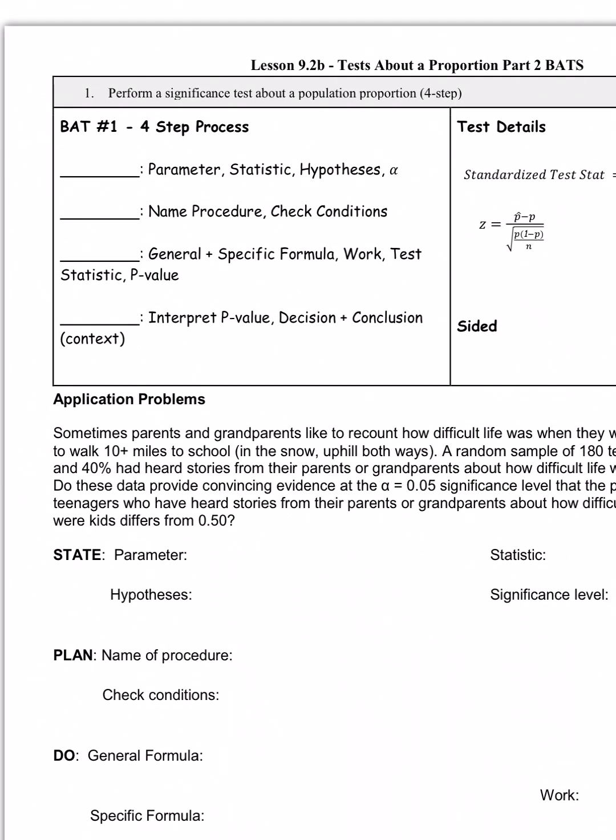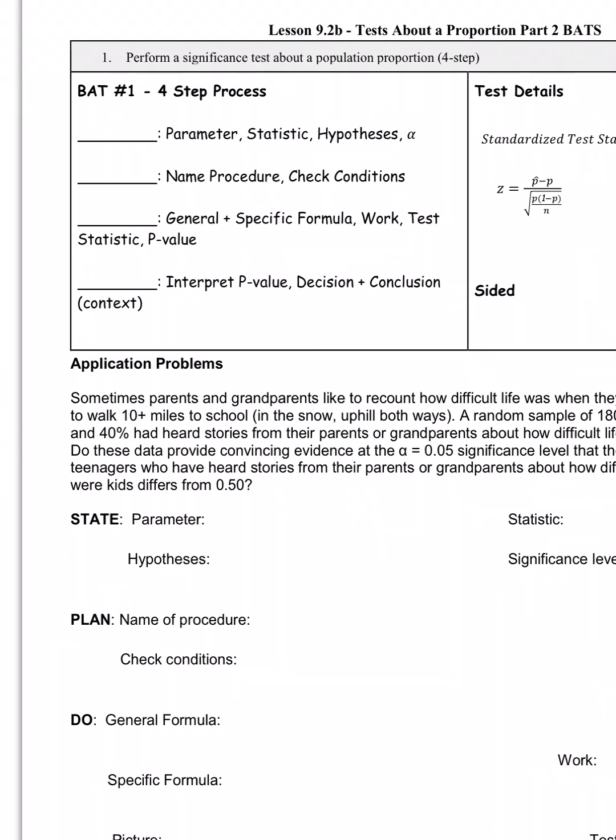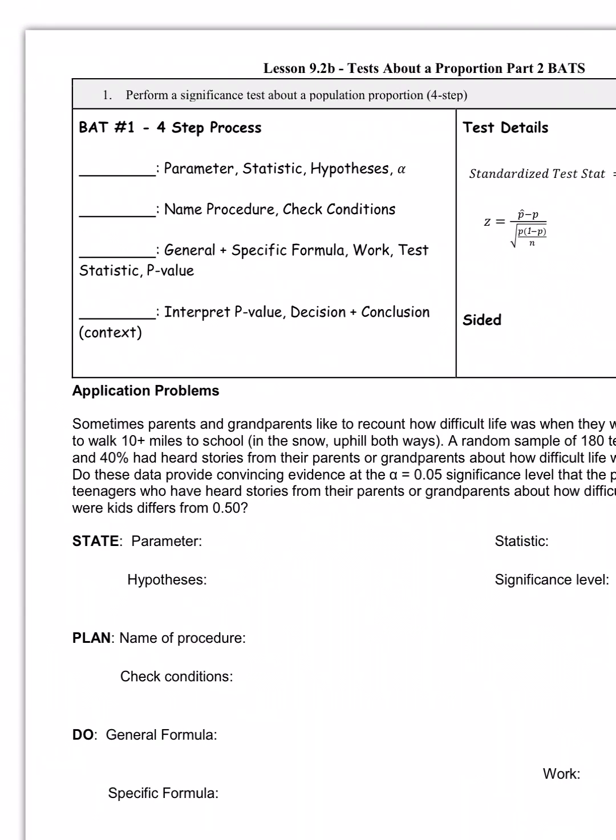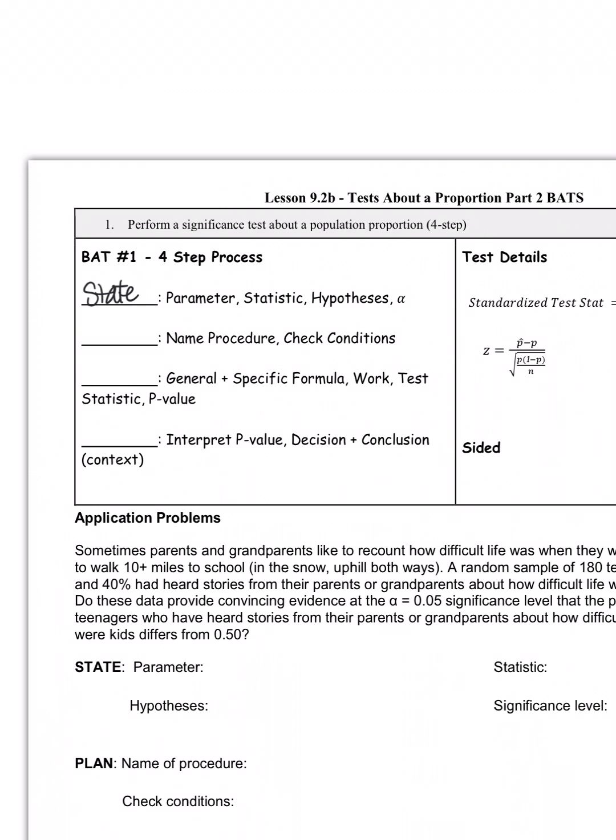This is just recapping that 4-step process we've seen a bajillion times now. We state the parameter in context, give the statistic, the hypothesis and the alpha. I'm going to name the procedure, and so the procedure right now is the 1 proportion z test, not z interval. We did those last time.